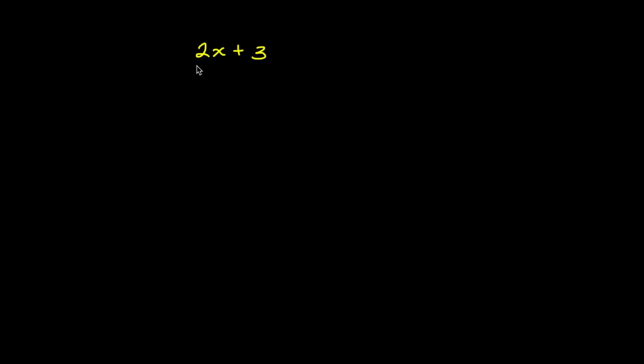Starting from left to right, we have the number 2, so we're just going to write that down as 2. And then we have our variable, the unknown, which is a number. So we're just going to write down a number. Given that it's an unknown, we're not going to write down what it is. And then we have our addition symbol right here, our operation in this expression, and we're just going to say plus. And then lastly, we have our number 3.